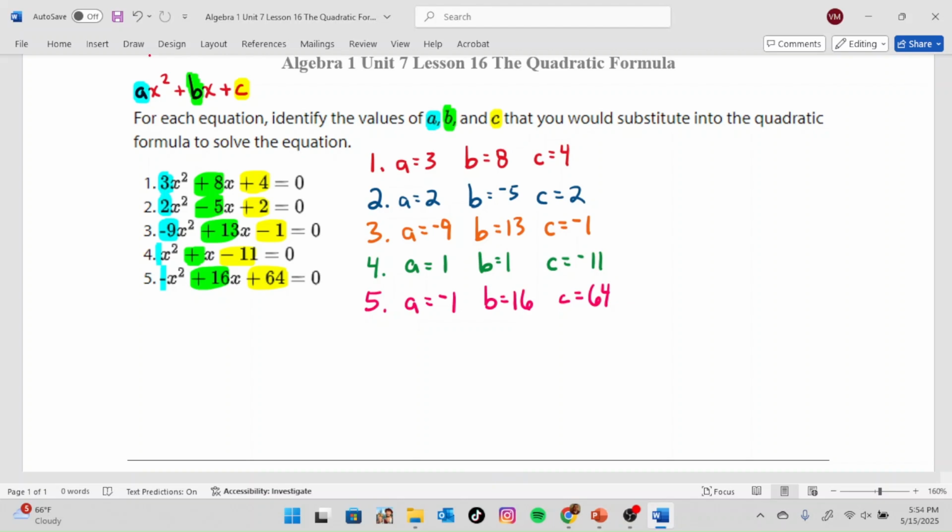So step 1, make sure that it's set equal to 0. Step 2, make sure that you're not paying attention to order. Make sure you're paying attention to whether it's the coefficient with the x squared, whether it's the coefficient with the x or whether it's the constant that's by itself, then you simply identify the values for those three variables.